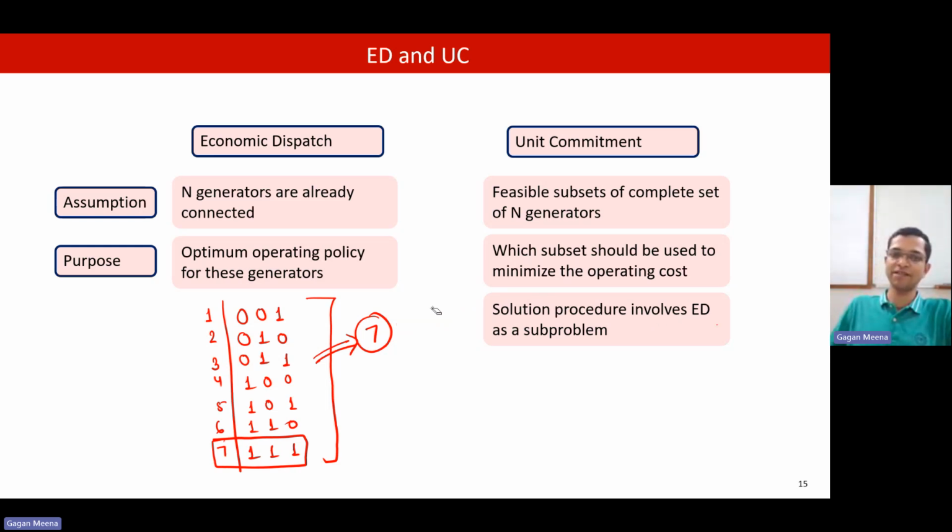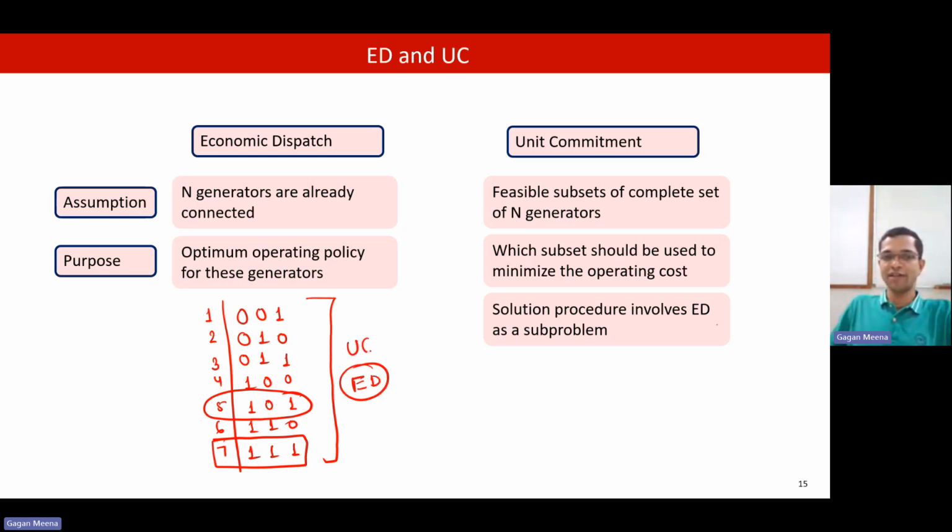For unit commitment, economic dispatch is a subproblem. Let us say unit commitment says that this combination is the most economical. And how would I know that? For each of these combinations, I will have to do economic dispatch.